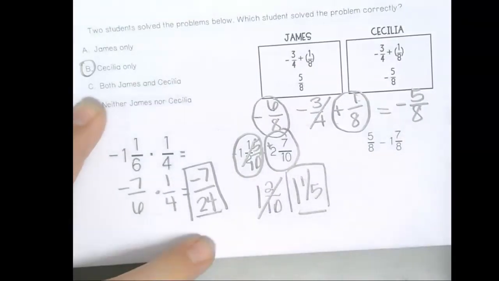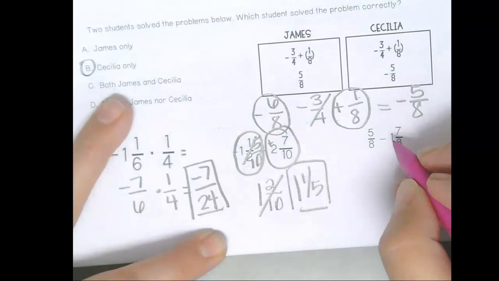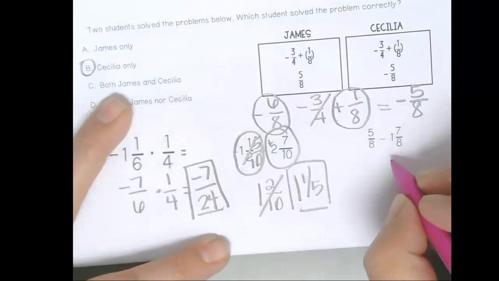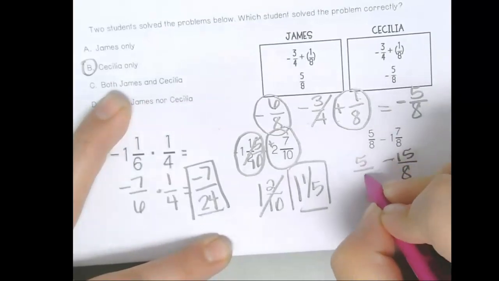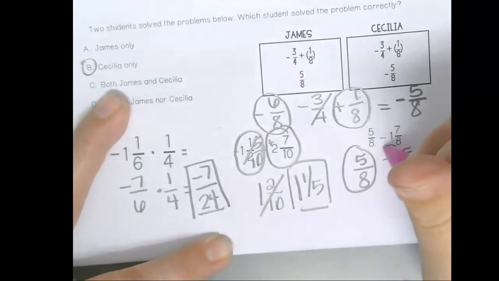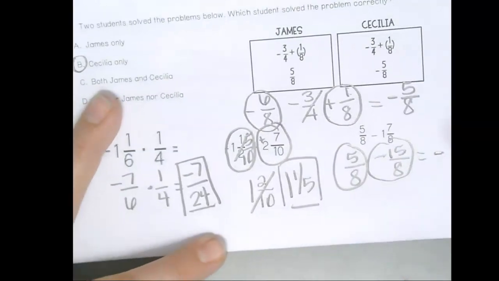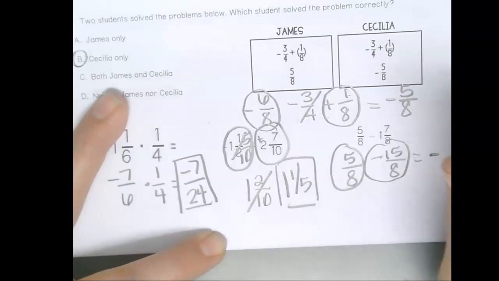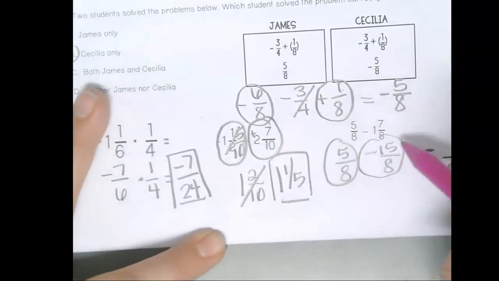Okay, same thing here. We have 5/8. We're going to go ahead and make this an improper fraction. So we have negative 1 times 8 is negative 8 plus 7 more. So this is going to be negative 15/8. This is 5/8. Okay, so when we go to combine these amounts, our negative amount is going to be larger. Our 8s are going to stay the same. So then we have a positive 5 and a negative 15.